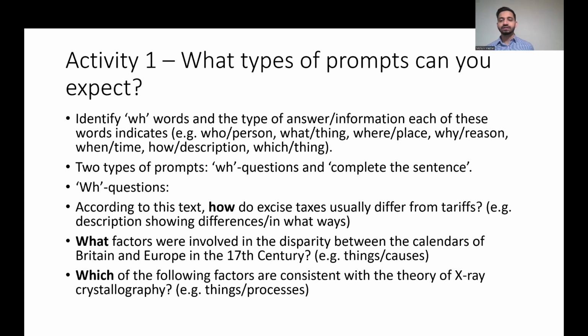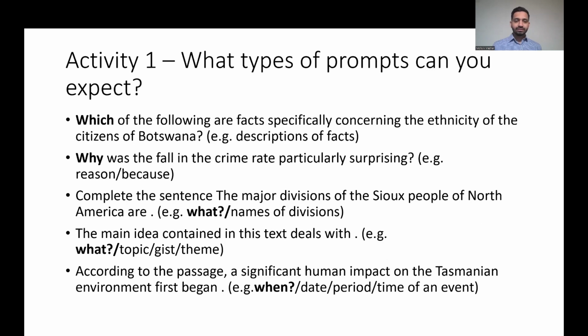What were the things that were causing that disparity? What were the causes of that disparity? The next question here is, which of the following factors are consistent with the theory of X-ray crystallography? Here, we are looking for things or processes that are consistent with the theory.